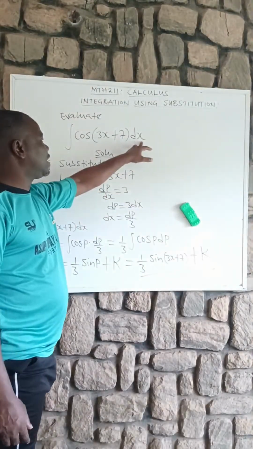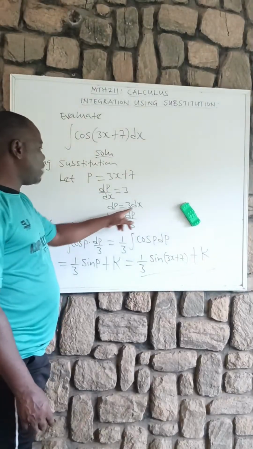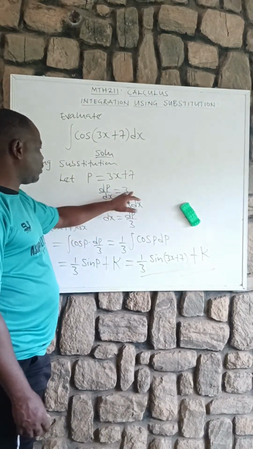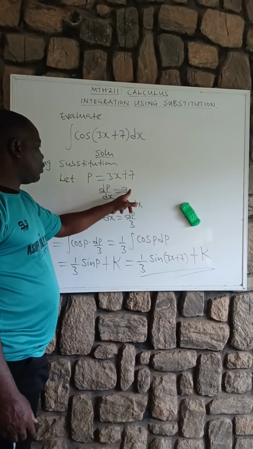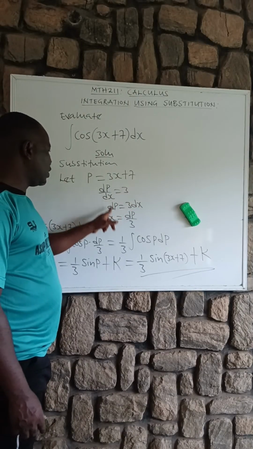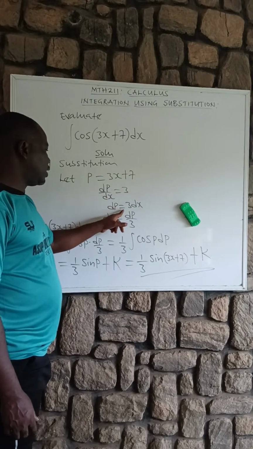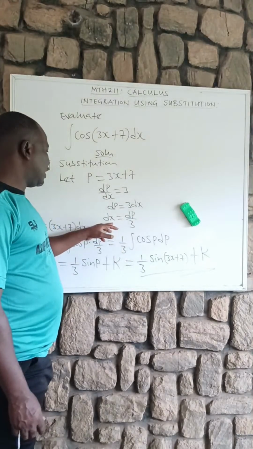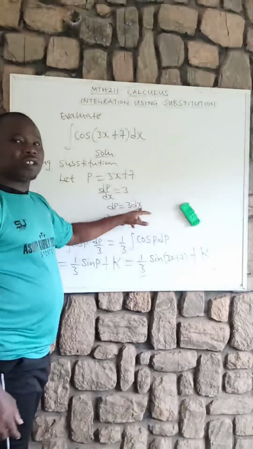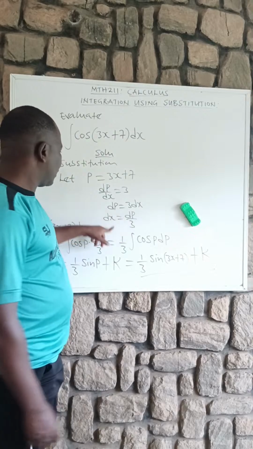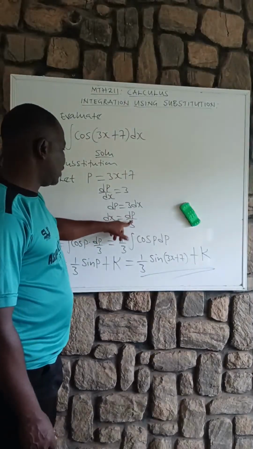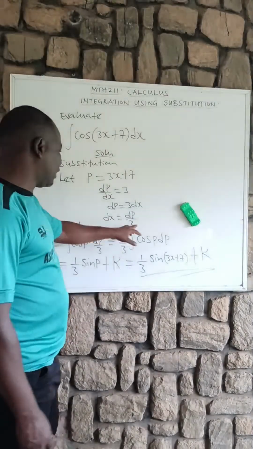Since we want to replace dx, we have to make dx the subject of the formula by cross multiplying. So you can now see that dp is equal to 3 dx. Then to make dx the subject of the formula, what are you going to do? Is it not to divide through by 3? That is why you see that dx is equal to dp over 3.